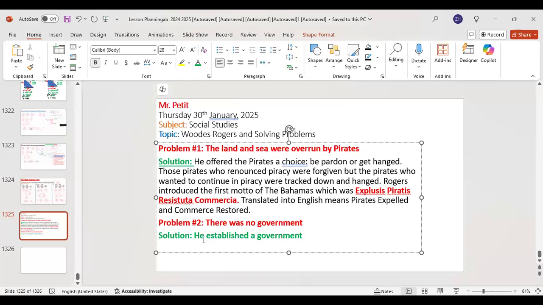On September 29th, 1728, a council consisting of 12 men was set up to assist him in the running of the colony.